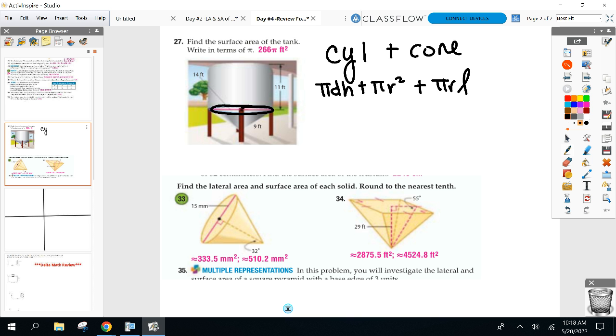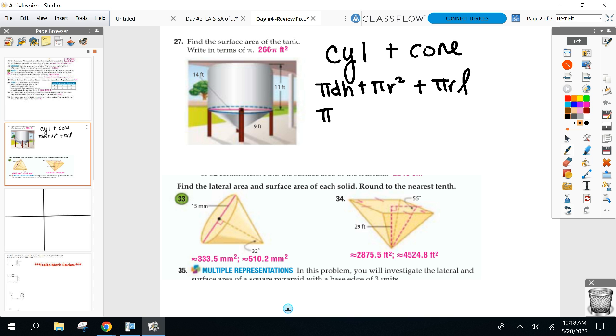No. Because? It's being covered up by the cylinder, right? So don't add it. Everyone all right? If it's being covered up, don't add it in. That's it right there. There's my formula.